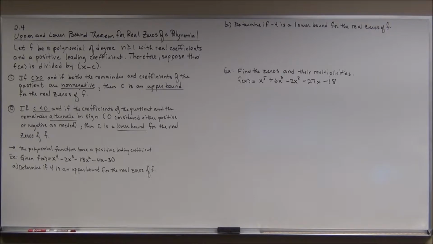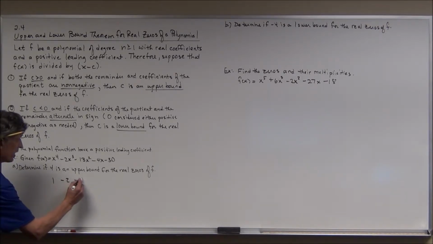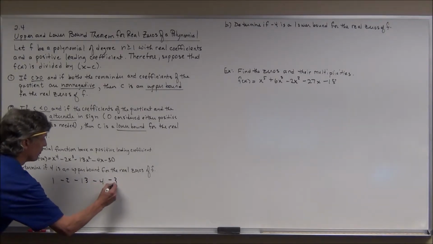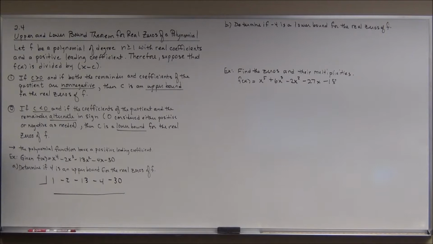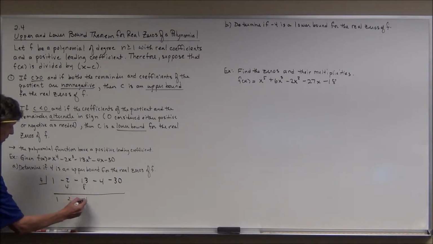Well, let's find out. I'm going to take 1, -2, -13, -4, -30, very conveniently written in descending order, no missing terms, and I'm going to start with 4. That's a 1, that's a 4, so far positive, that's an 8, -5.